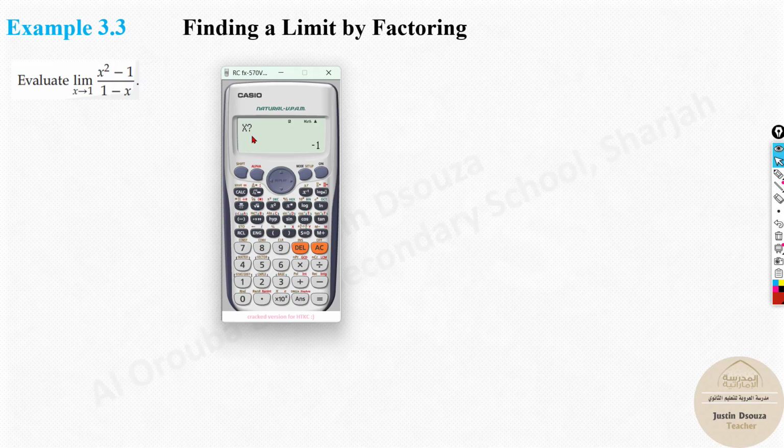So now it asks you, what is the x value? Okay, you will have two x values, right? One is 0.99 and one more is 1.01. Instead of changing the values every now and then, just put 0.99. And now what's the answer? At 0.99, the answer you get is negative 1.99. That's almost, I won't write negative 1.99, it's negative 2.